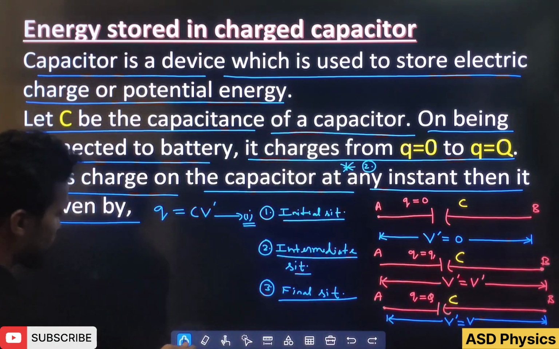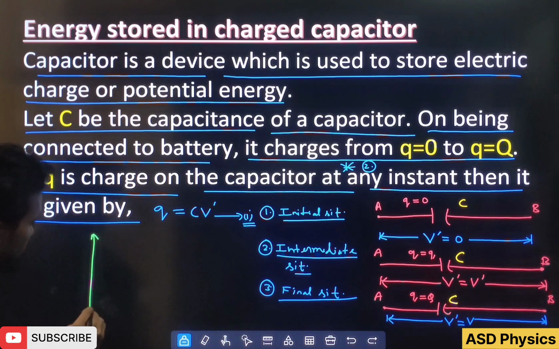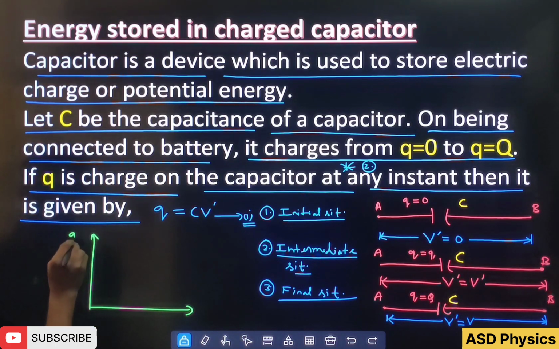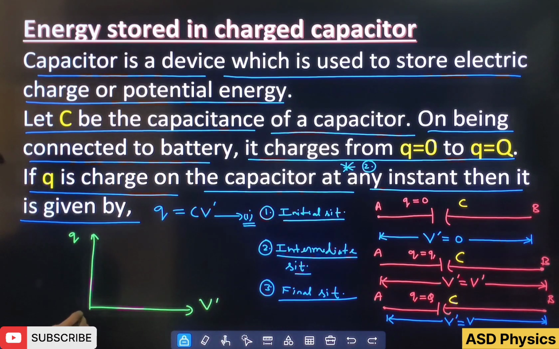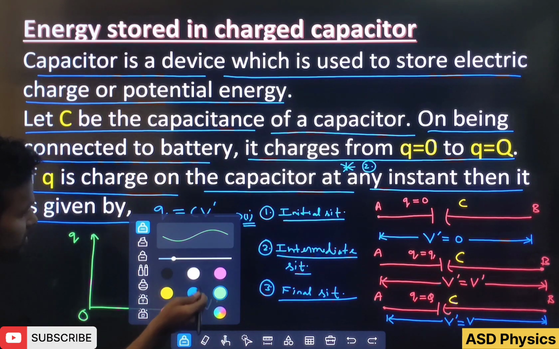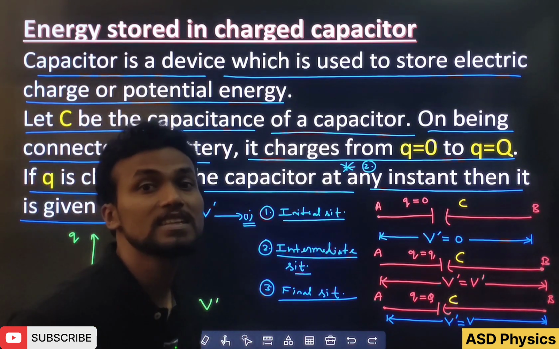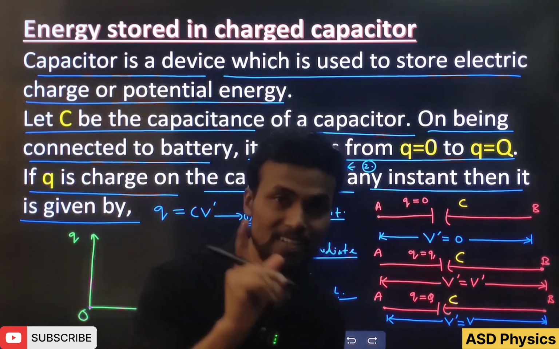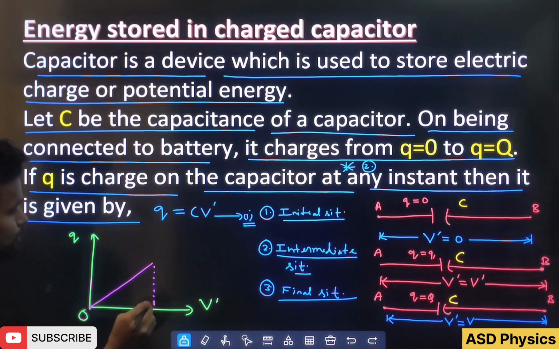Now students, you have to know one graph also. Sometimes it will be useful. See here. Let's take this is the charge that keeps on varying across the capacitor, and this is the potential also. The moment the capacitor is connected to the battery, the charge will be 0 and potential will be 0. We are considering the initial charge on the capacitor as 0. When the potential increases, the charge on the capacitor also keeps on increasing.